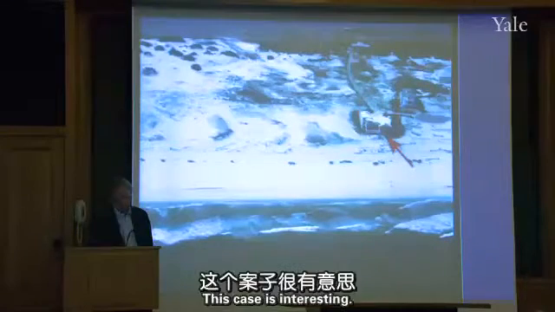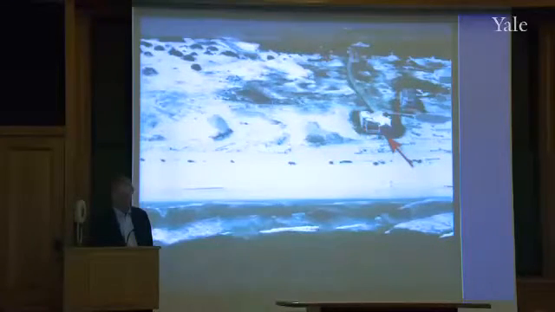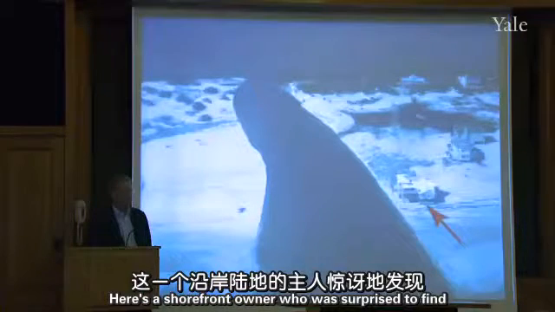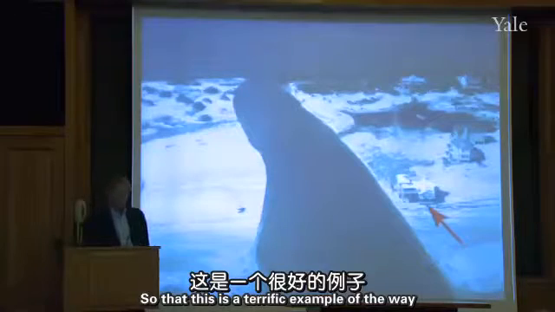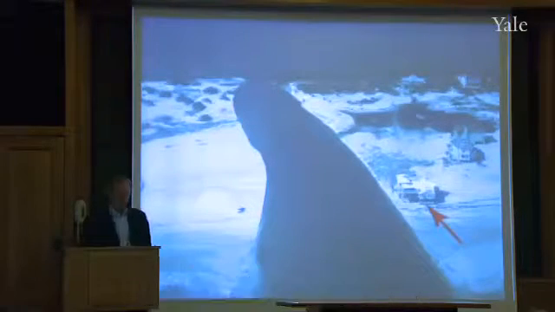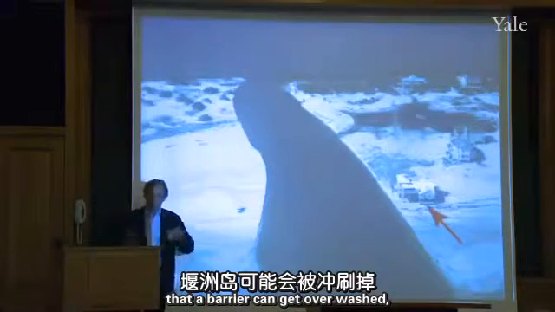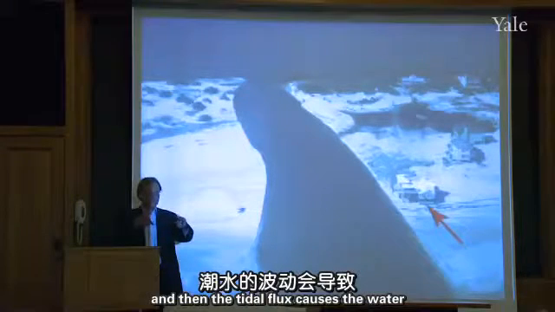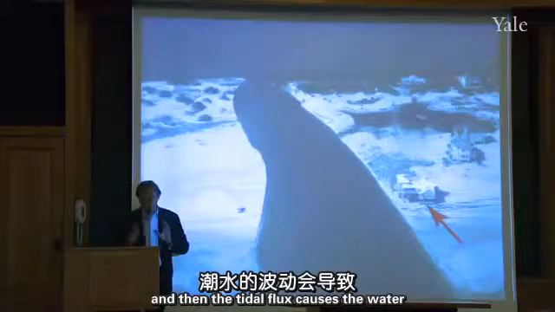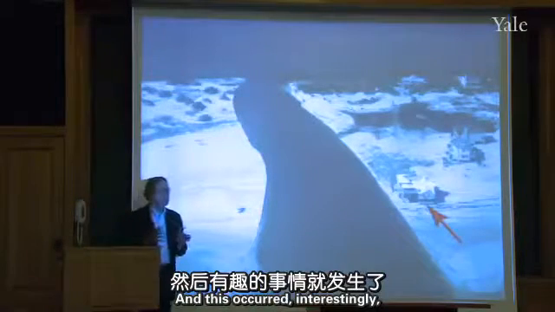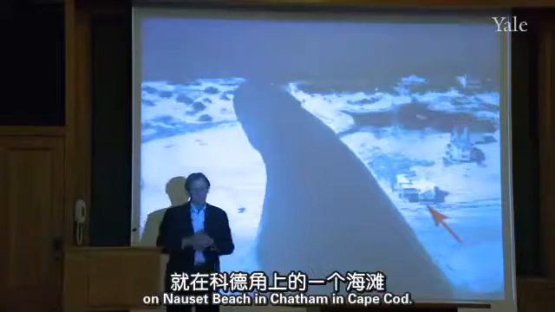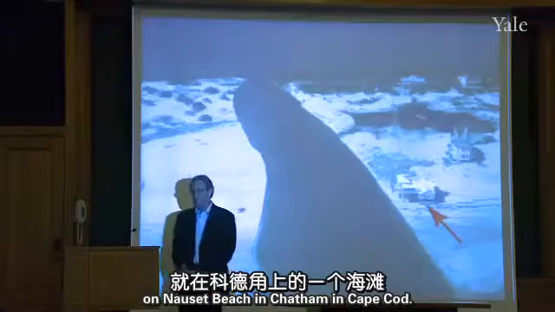This case is interesting. Here's a shorefront owner who was surprised to find that he was now a corner lot. So this is a terrific example of the way that a barrier can get overwashed, and then the tidal flux causes the water inside the channel just to saw back and forth. And this occurred, interestingly, on Nauset Beach in Chatham, in Cape Cod.